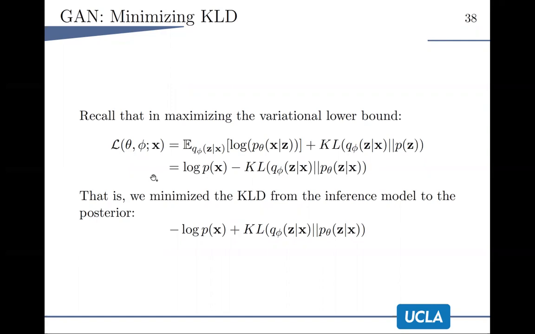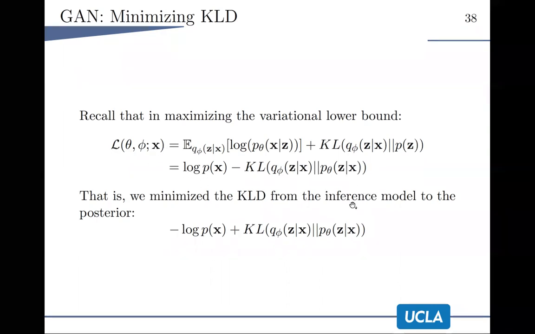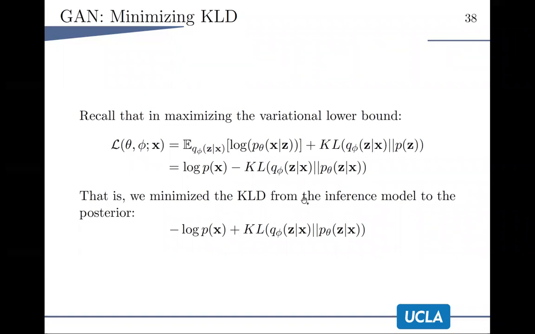We have seen that we can maximize this bound, which is equivalent to, not fully equivalent to, I mean involving, minimizing the KL divergence of the inference model to the posterior. It's this term.